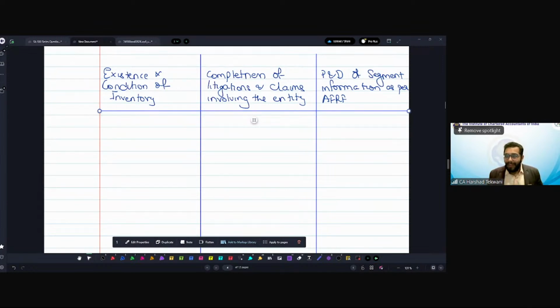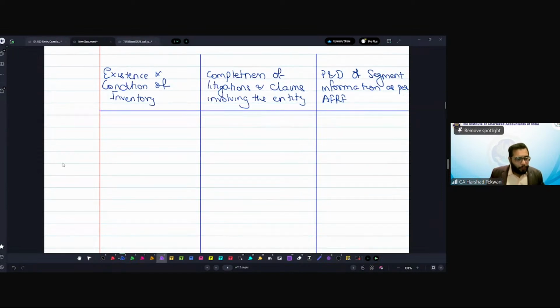Now, whenever we are testing a control, we have to see how the control is designed and how the control is operating. So first we will go and understand that. For reference, I am writing here TOC. You need to understand that these are the procedures that you have to perform.